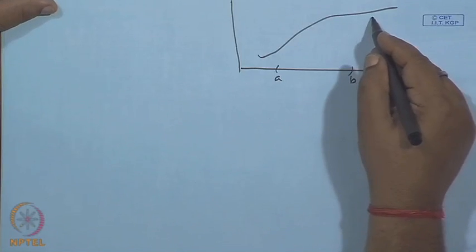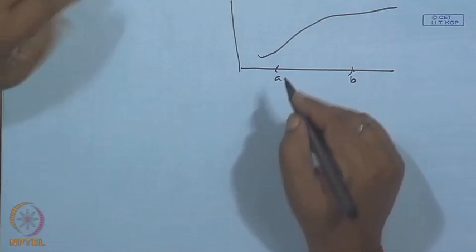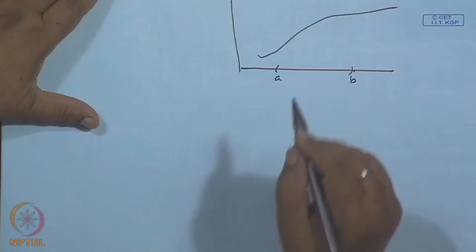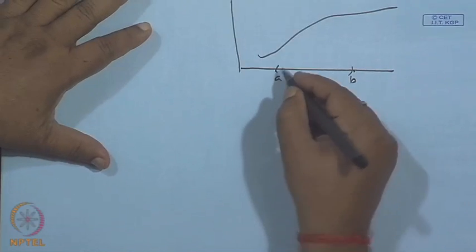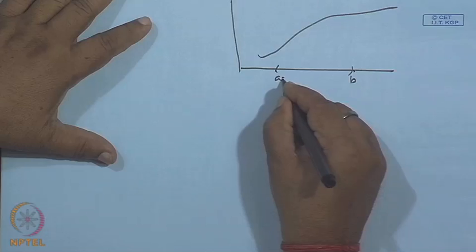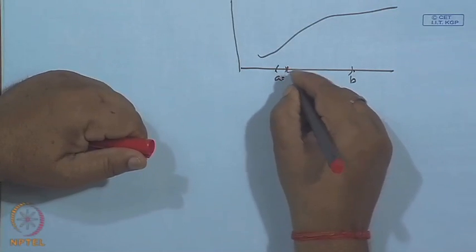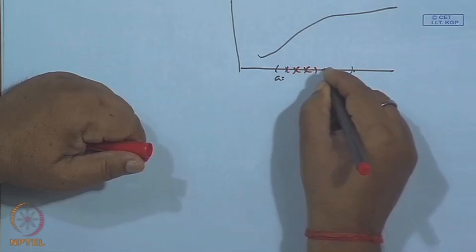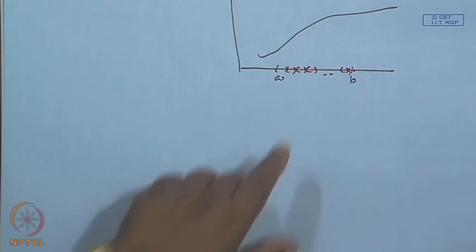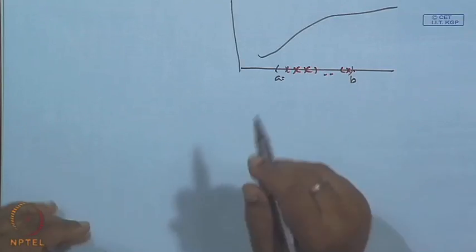We say this function is absolutely continuous in the interval a b if, for a given epsilon greater than 0, we divide it into non-overlapping intervals, and take a countable number of non-overlapping intervals whose length is less than delta.